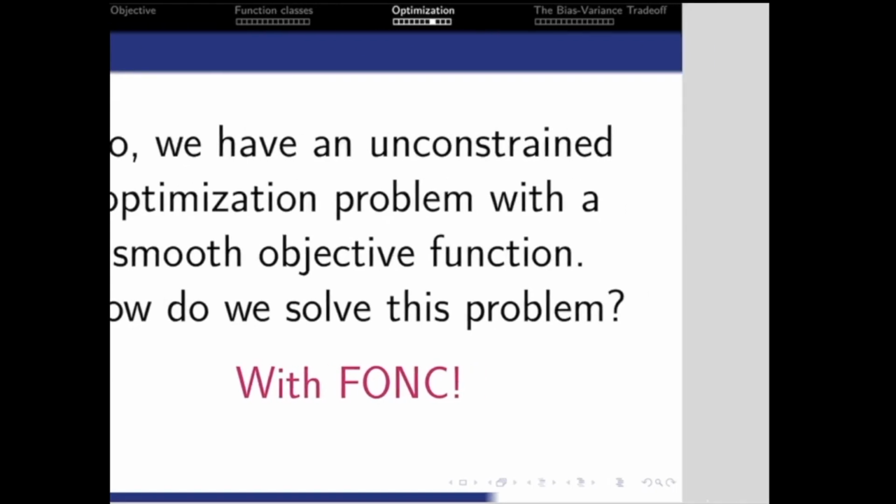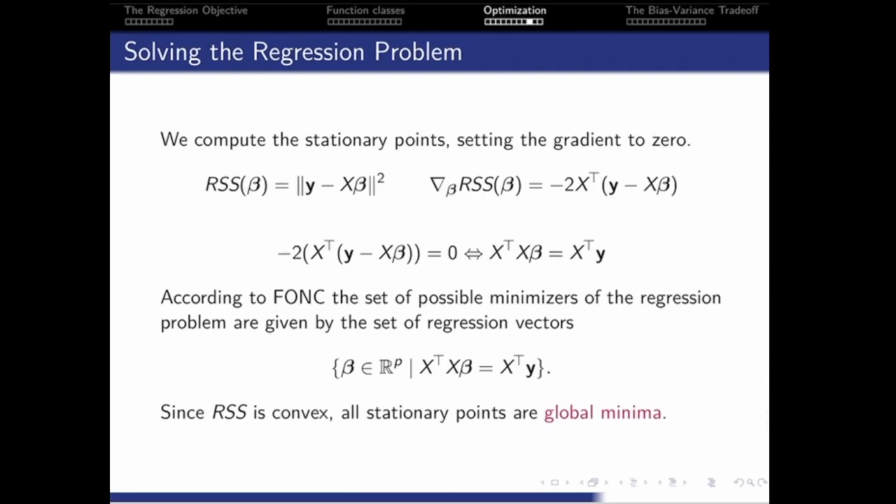It's FONC, right? This is the perfect setup to apply FONC, and maybe SONC, but we don't do SONC here. Now, what was FONC saying? FONC said that every local minimizer has to be a stationary point. So to derive our candidates for these minimizers, we compute the stationary points.